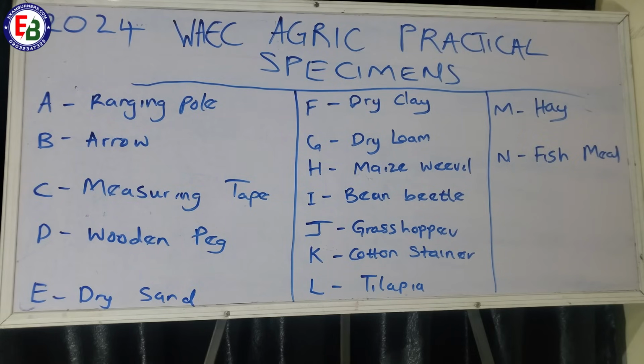Then another question you should be expecting in your exam is: mention 3 ways in which specimen I is economically important. We have talked about that already. Specimen I is bean beetle. It destroys the viability of seed, reduces market value of crops, causes food shortage, and increases cost of production due to cost of pesticides or insecticides. So that is that.